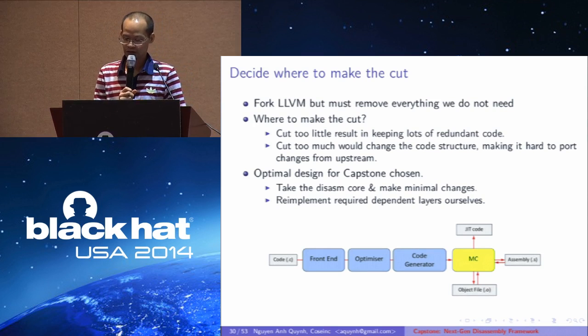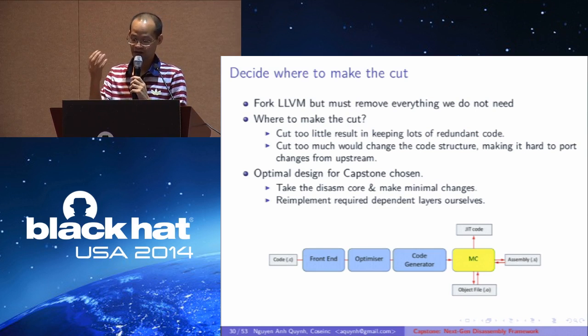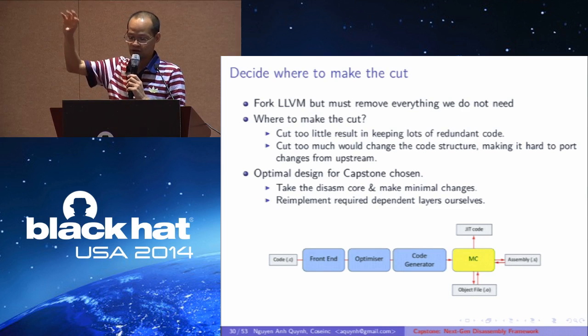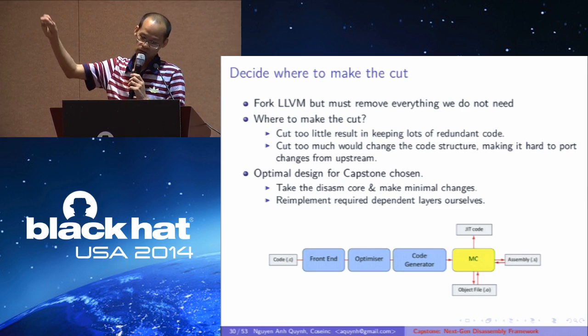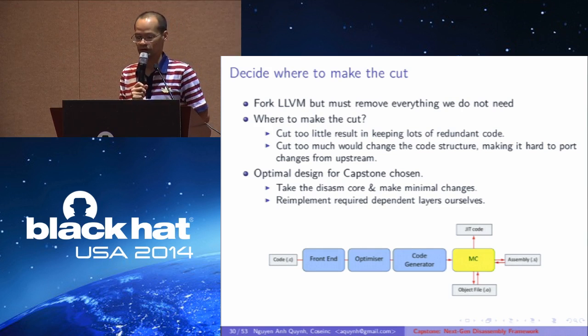If you cut too much, it would change the code structure, which makes it very hard to keep up with the upstream. Because if you change a lot, once the upstream LLVM changes, you need to port it back and fix a lot of things. So you cannot cut too much, and you cannot cut too little.